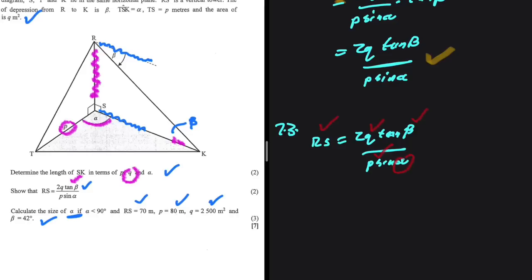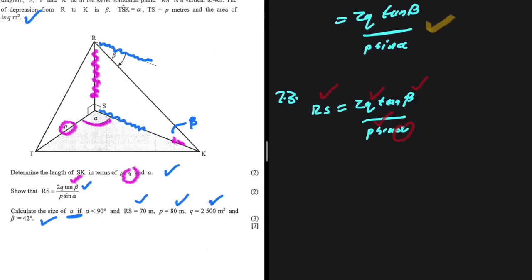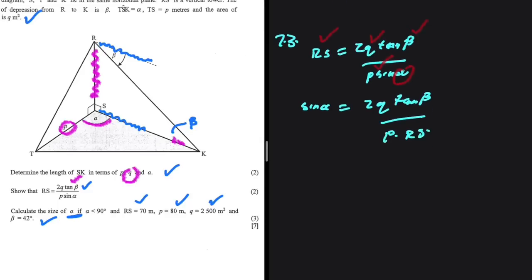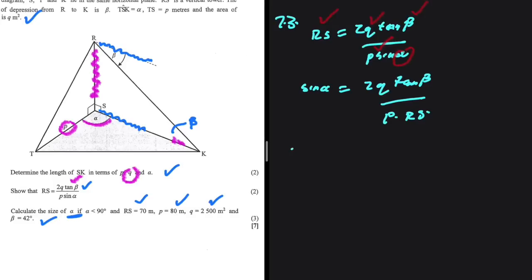If we cross multiply and divide, making sin alpha the subject of the formula, we're going to have sine of alpha equal to 2Q tan of beta divided by P multiplied by RS. So alpha is equal to sin arc of, so let's go ahead and substitute.